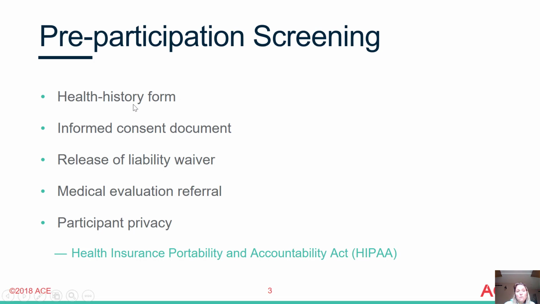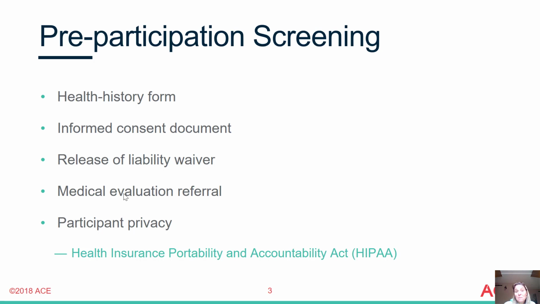Like I said, especially as an independent contractor, if you're going to have participants begin, say, your boot camps or the types of classes that you're going to be teaching, you definitely want to have these forms on file and have those participants fill them out prior to beginning your classes.